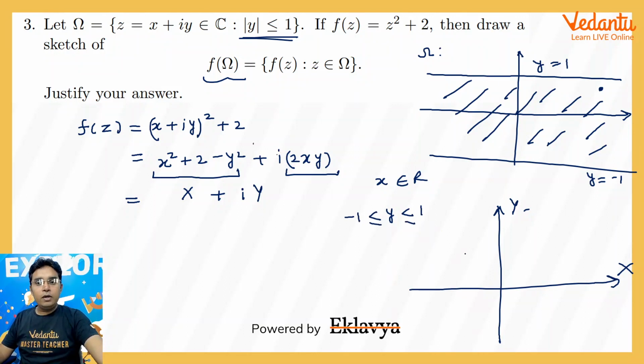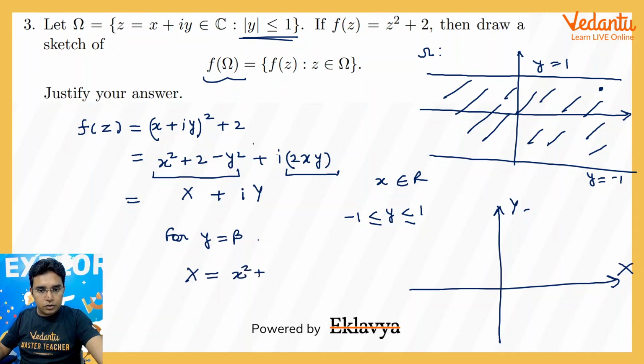So let me do one thing, let us say y is equal to beta, and beta can be anything from -1 to 1. So for y equal to beta, we can say this capital X would be x square plus 2 minus beta square, and this capital Y would be 2 into x into beta.